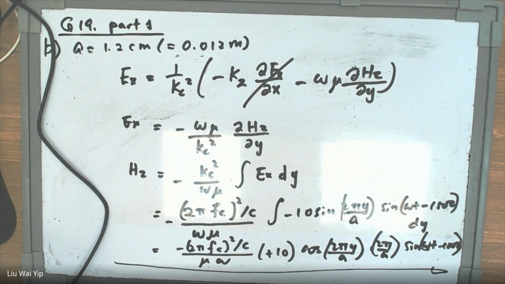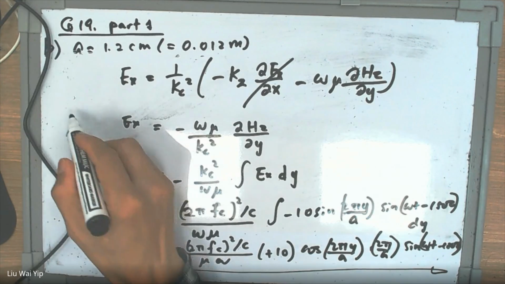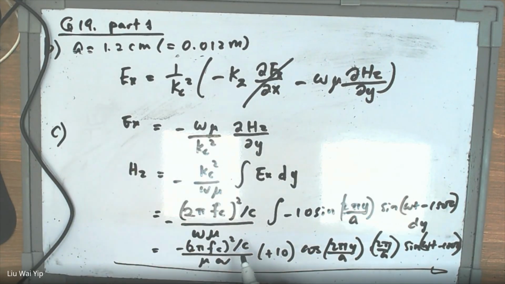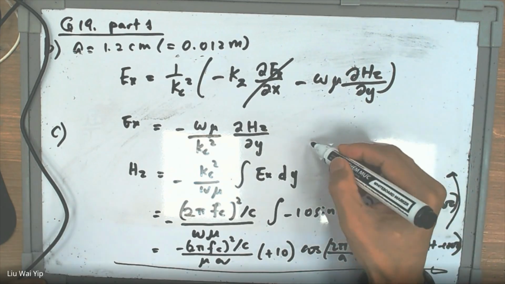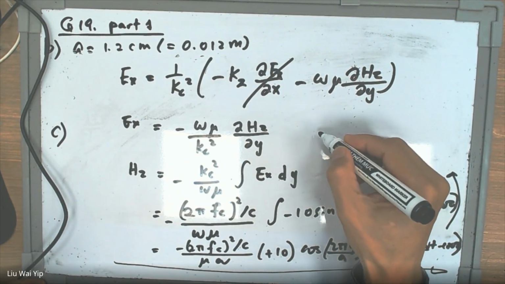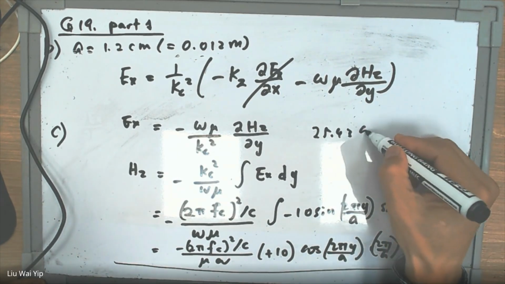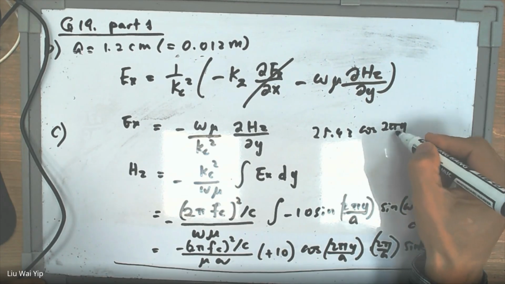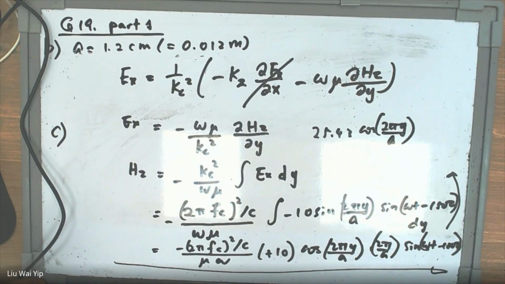Okay, so now this is part C of the question, and if you calculate a big chunk of the equation, you will get minus 25.3, and then cosine 2 pi y over 8, and then we integrate cosine and we put 0 here.